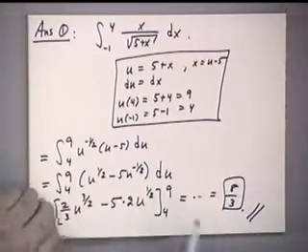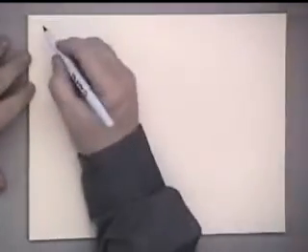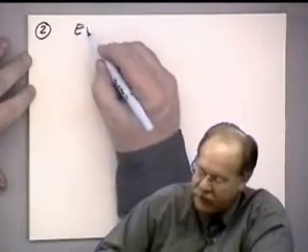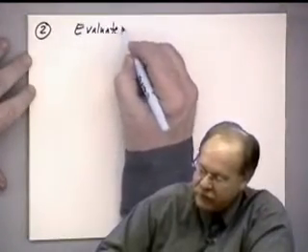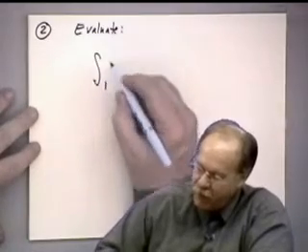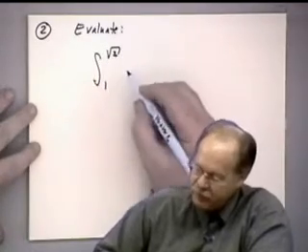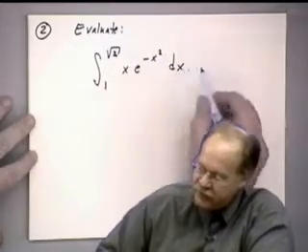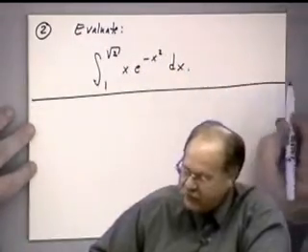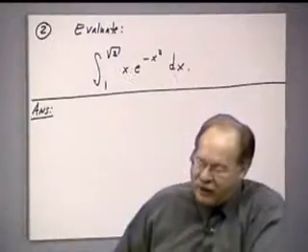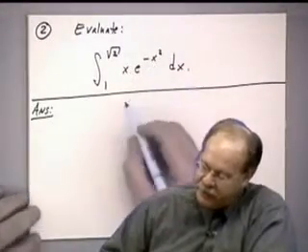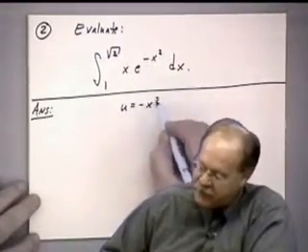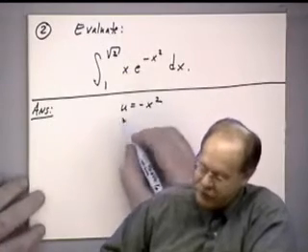Here is a second problem for you to try. Evaluate the following definite integral. 1 to the square root of 2 of x times e to the minus x squared dx. Let's see how that one turns out. On this one, I think I'm going to let u be equal to minus x squared. See where that leads me.